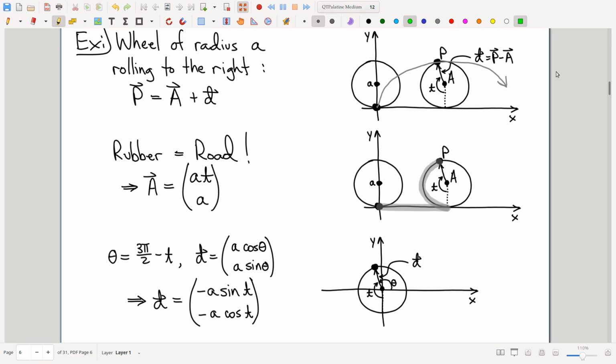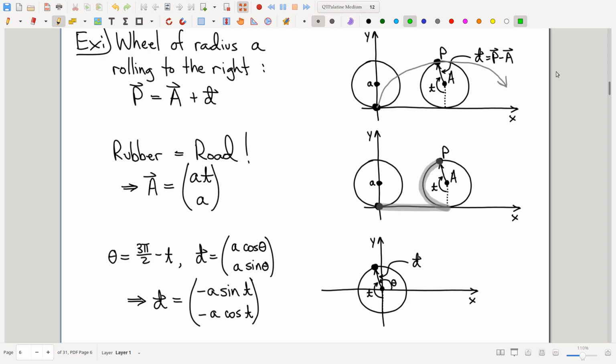There's a case to be made that any one is just as good as any other, but there are some that are going to be more convenient. When there are angles involved, and when the motion in question could be described by an angle, I think it's really valuable to let t be that angle, because it's a lot easier to write trig functions than it is to write inverse trig functions. Right? So for your consideration.